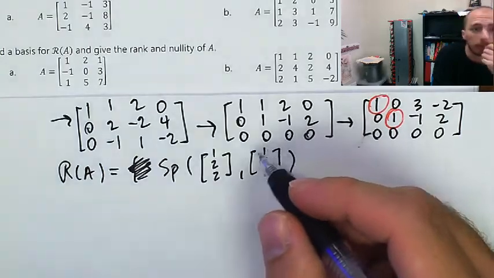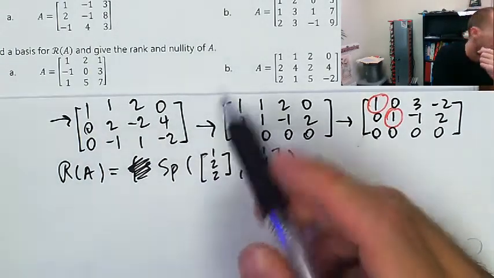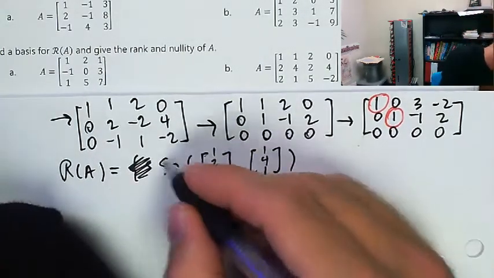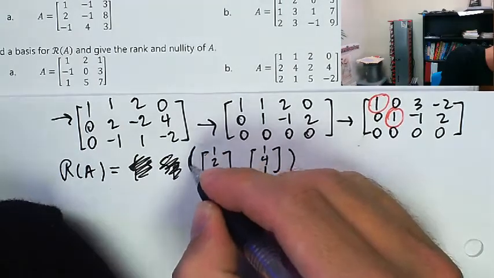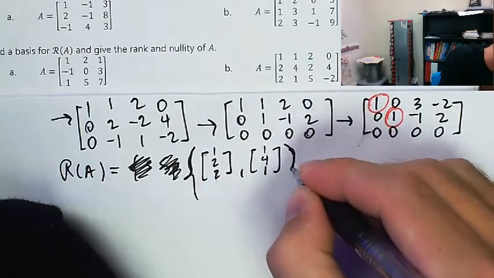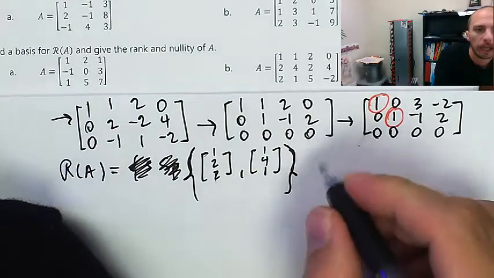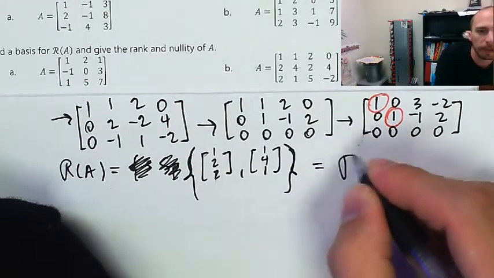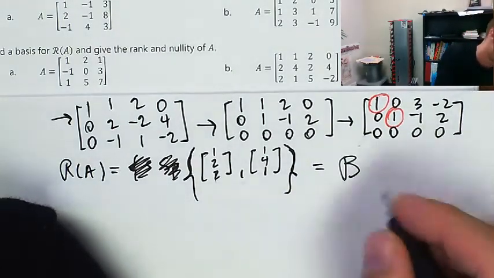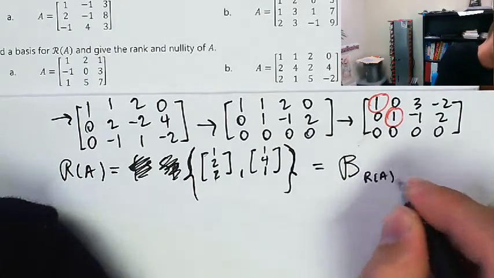They span the range. And so this is going to form a basis, and maybe I just scratch that out and turn that into some curly braces, and then I say that's a basis for the range of A.